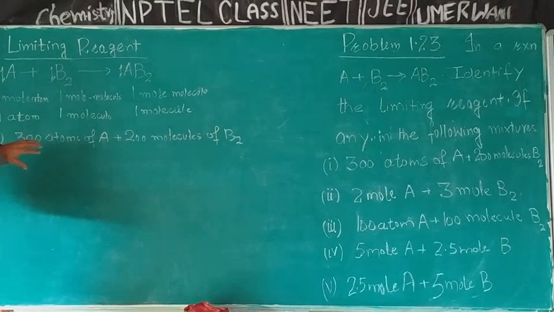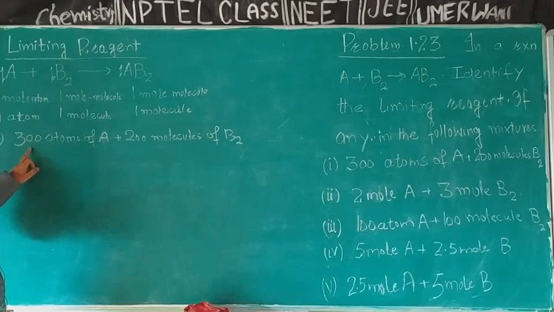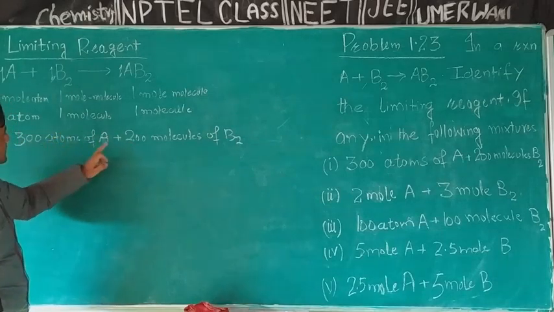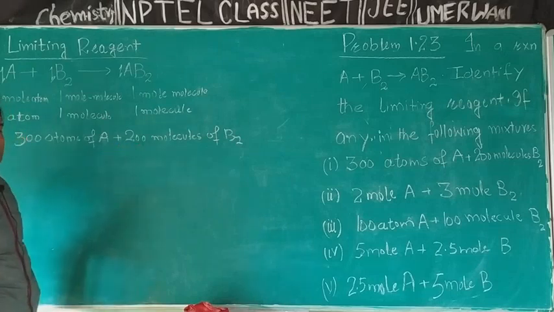Now, identify first, have in mind what the stoichiometric ratio is, the desired or required ratio. For 1 atom of A, I need 1 molecule of B2. Now, given is a mixture of 300 atoms of A and 200 molecules of B2.